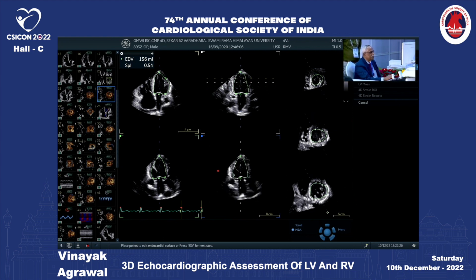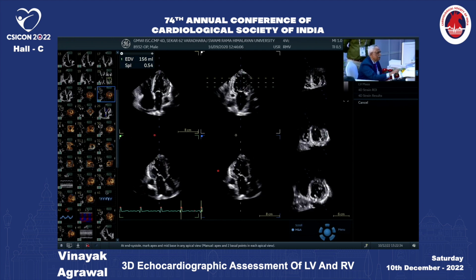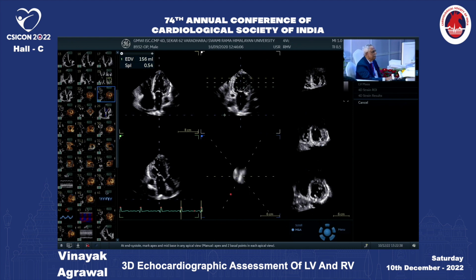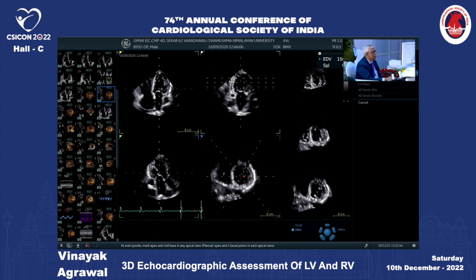Now we are satisfied with this volume, so we approve it and then go to end systolic volume. Now the machine has selected the end systolic volume. You have to give the apex and then the middle of the mitral annulus like this.